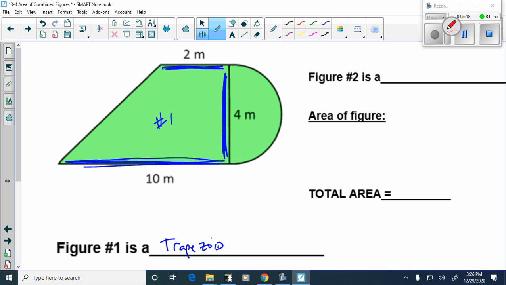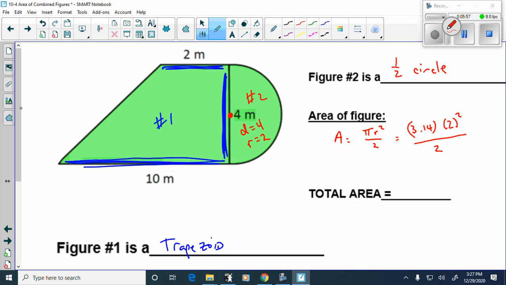Now this other figure, figure number 2 here, it's a half circle. So if I find the area of a circle and then I just take half of it, that's what I've got right there. So the area is going to be pi r squared. That's the area of a circle. And we just want half of that. So it's 3.14 times the radius. Oh, the diameter is 4, so the radius is 2. Be careful of that. So it's 2 squared divided by 2.